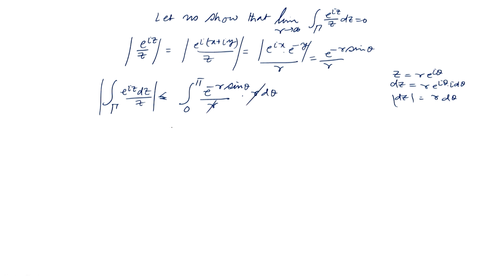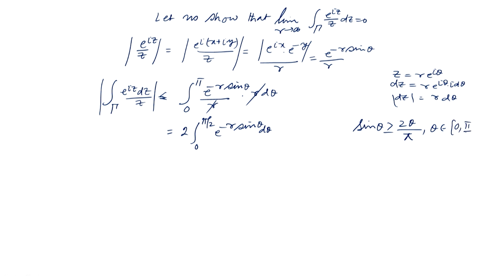So, this r cancels. Now, let us notice that by the property of definite integrals, sin of pi minus theta equals sin theta. So, this becomes 2 times the integral 0 to pi by 2 of e to the power minus r sin theta d theta. Now, there is an important result: sin theta is greater than or equal to 2 theta over pi when theta belongs to 0 to pi by 2.